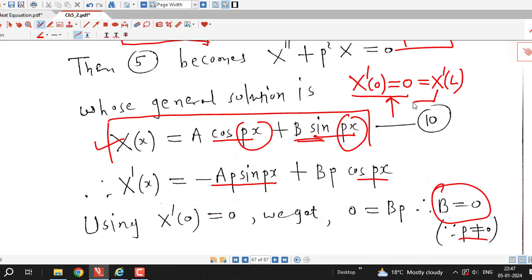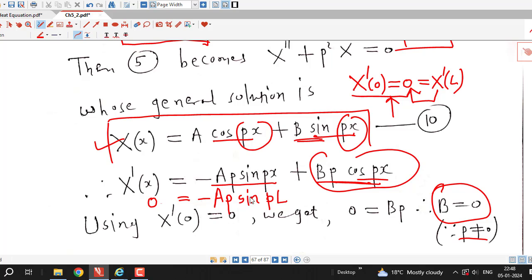Now I am using that x dash is 0 at small x equal to L. So here I take x dash equal to 0, on this side I will take small x equal to capital L, but here we have b is already 0, so here we write minus a into p into sine of p into L equal to 0, b is already 0. Now p is non-zero and we are interested in the value of a.